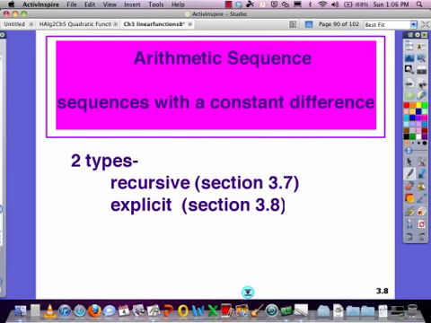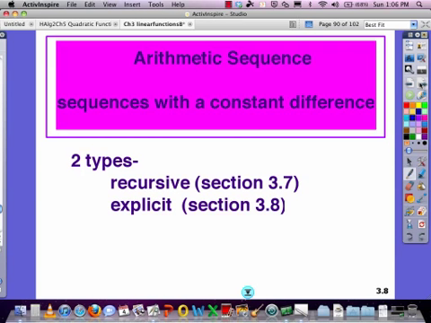So, getting started, remember our definition for an arithmetic sequence. It's just one way a sequence can be written, a list of numbers, where the sequence continues with a constant difference.